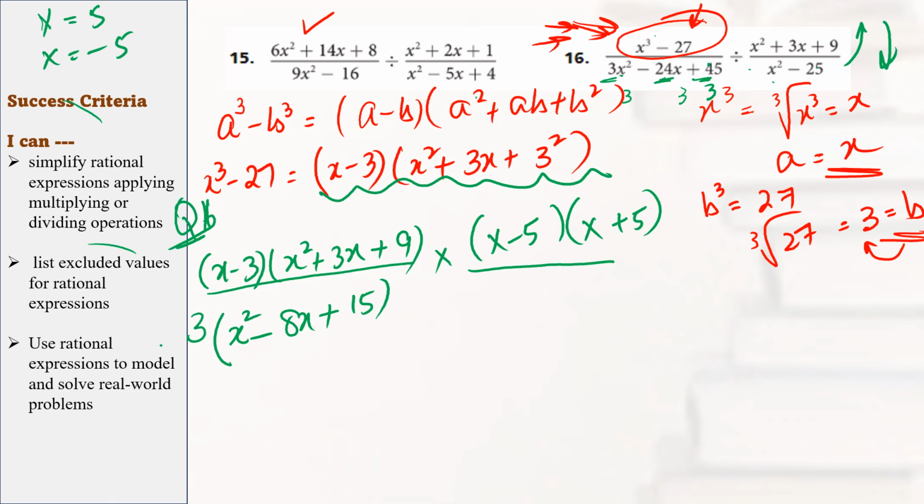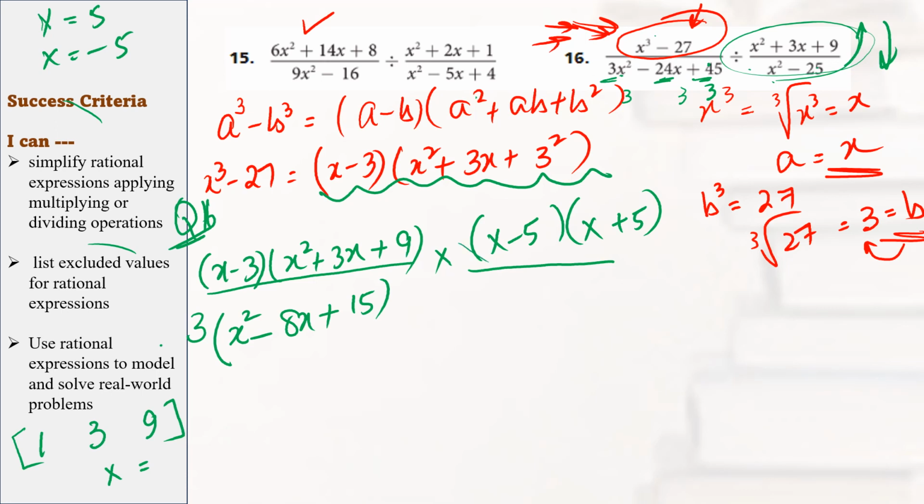Now I have x square plus 3x plus 9. If I write 1, 3 and 9 in the calculator, mode 5, 3, I will get no answer.